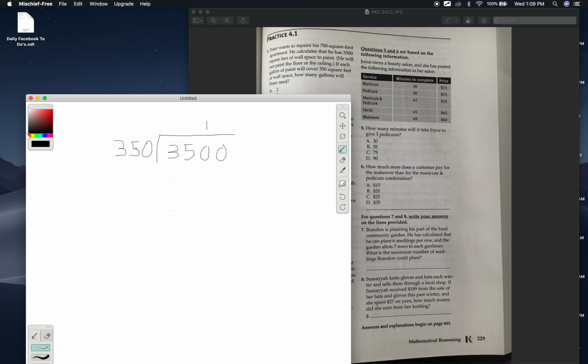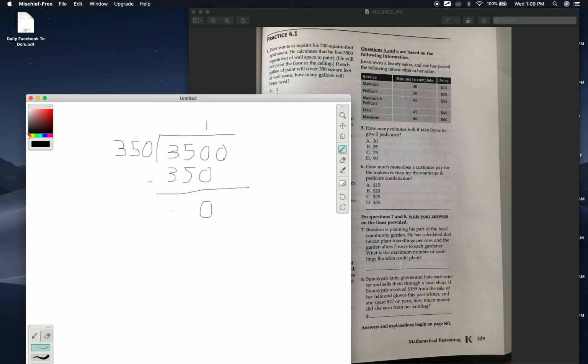So 1 times 350 is 350. So bring it down here. Then we will do 350 minus 350 is 0. Does 350 go into 0? No, it doesn't.